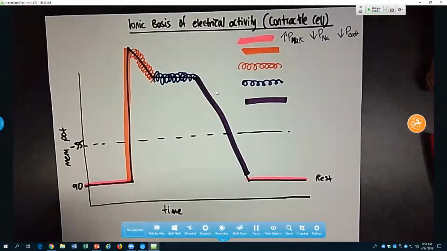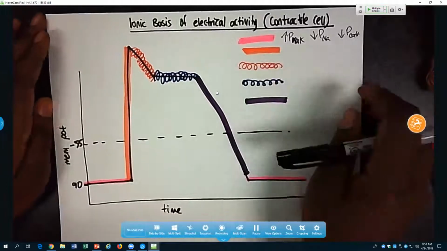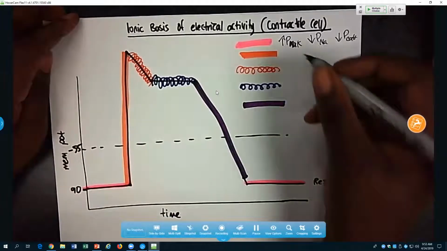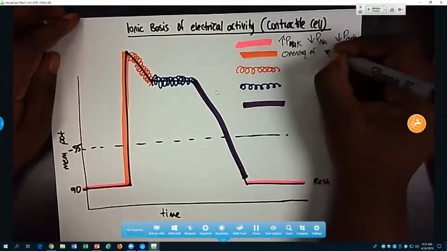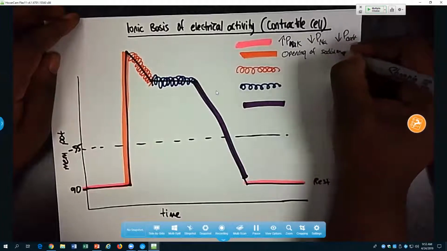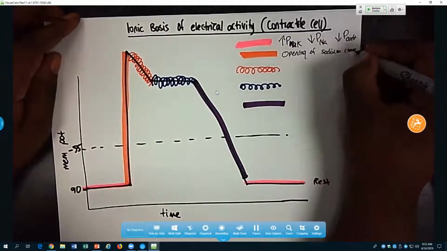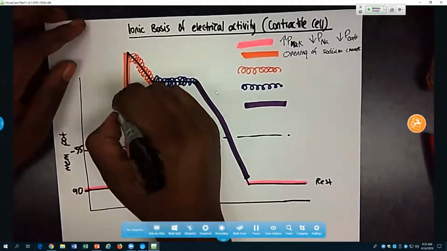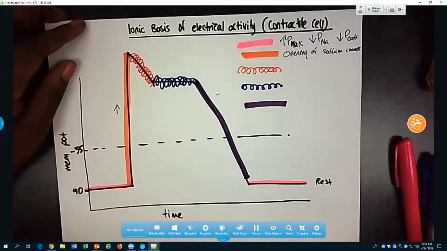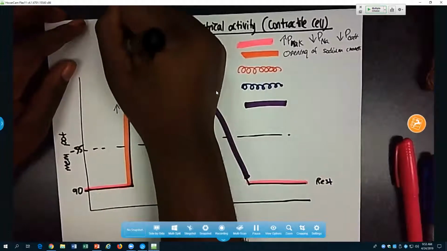That's how we start off here. The first thing that happens is we have opening of sodium channels, and that's going to give us the upstroke here, the rapid depolarization, which leads to an action potential.